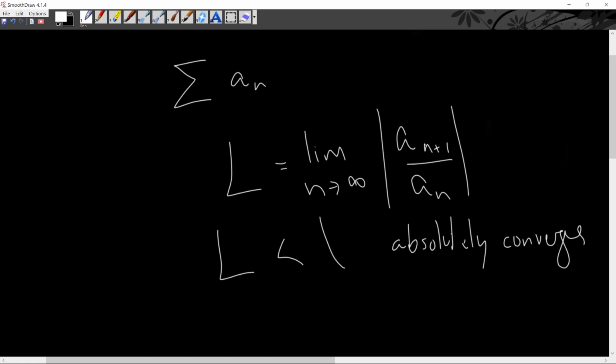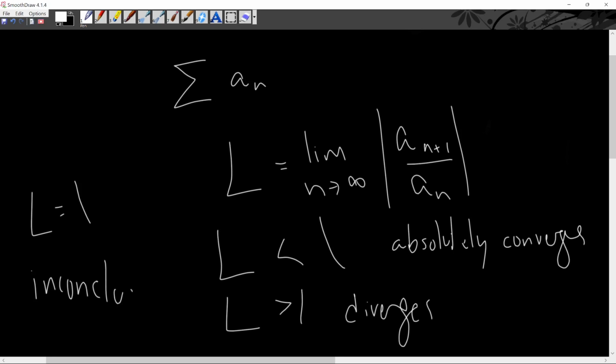If L is greater than 1, then it diverges. And if L is equal to 1, then it is inconclusive.